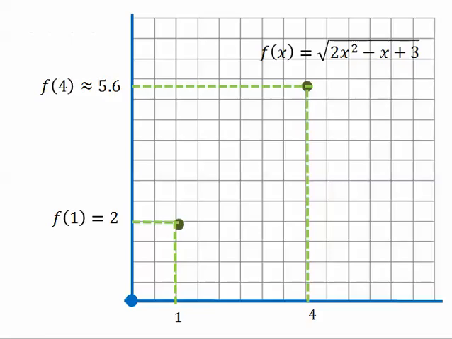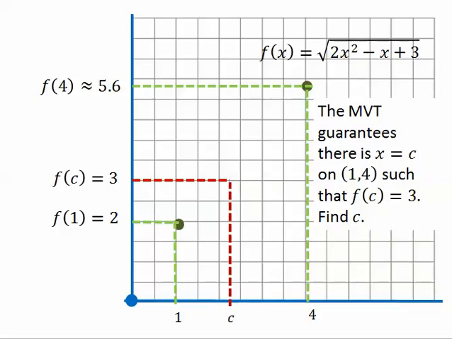If I were to graph this, I don't know much about my function, but I know at 1 it has a height of 2, and at 4 it has a height of 5.6. The intermediate value theorem says that sometime between 1 and 4 the function has to reach a height of 3.